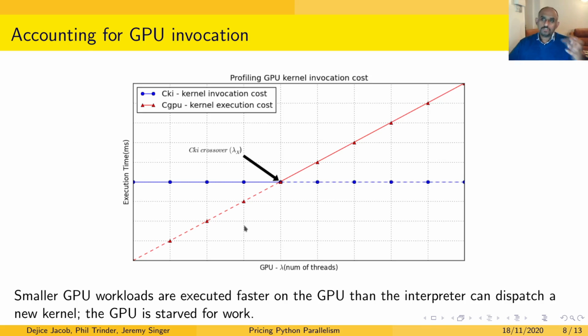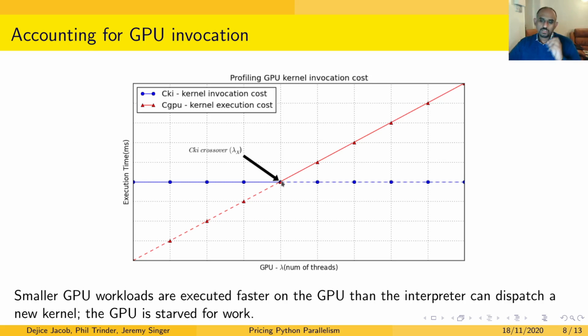Sometimes for smaller GPU workloads, the GPU's kernels are much faster and they execute faster and finish before the interpreter can schedule more work for the GPU to complete. That means that the GPU is starved of more work. So we need to find the point at which the interpreter can keep up with dispatching more work to the GPU. And this point is what we call lambda x. It's the crossover point.